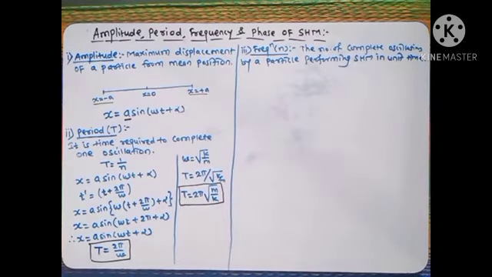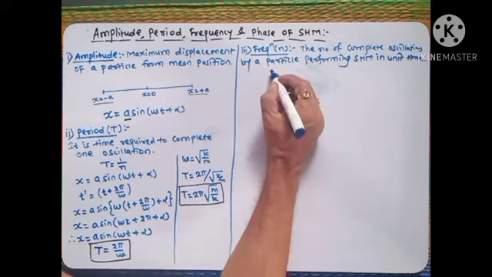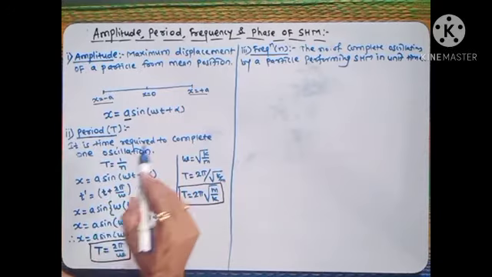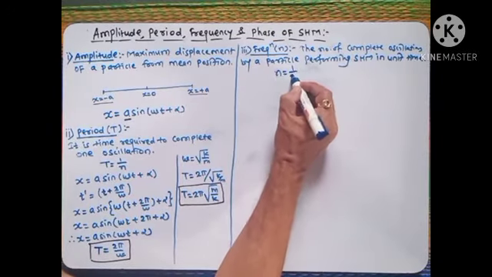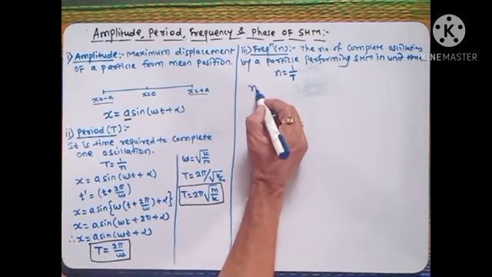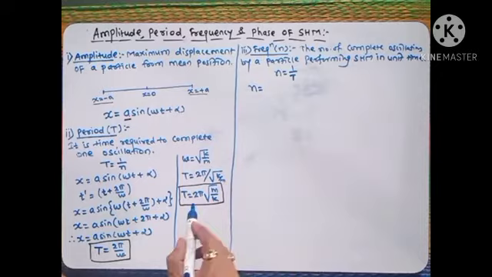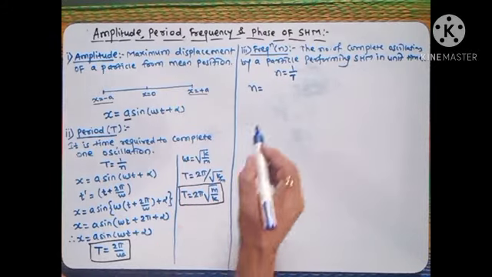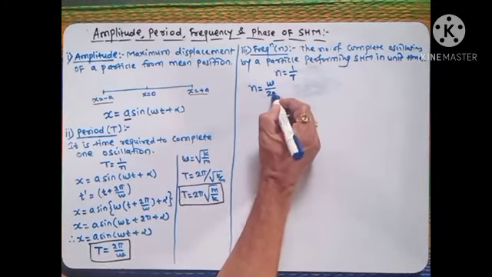That means in 1 second of time, the number of complete oscillations performed by the particle is called frequency, and also T equal to 1 upon n, I will write here n equal to 1 upon T. Frequency is also a reciprocal of period. And from this we can get n equal to 1 upon T. Value of T is 2 pi by omega, therefore n equals omega upon 2 pi.